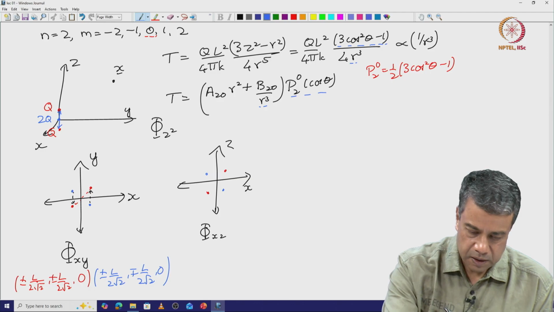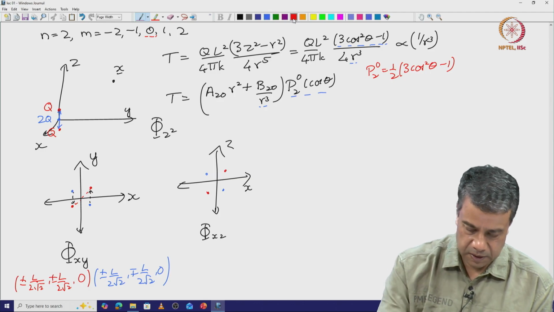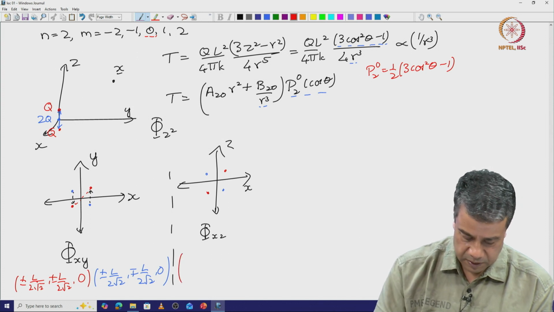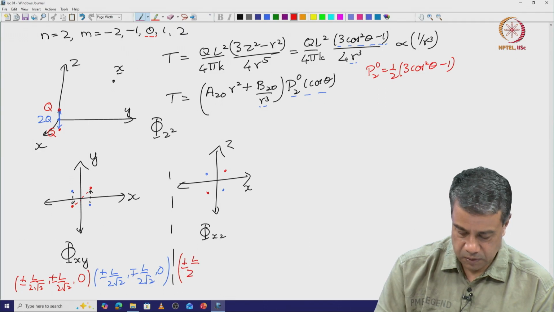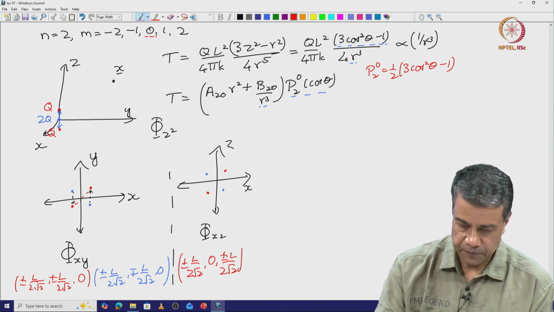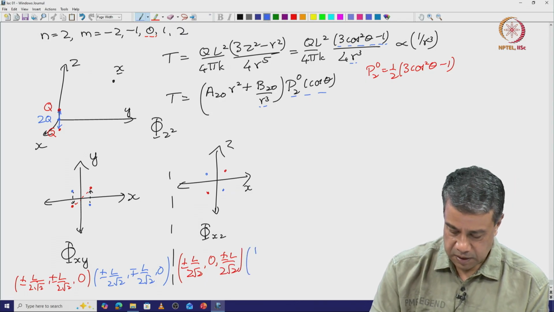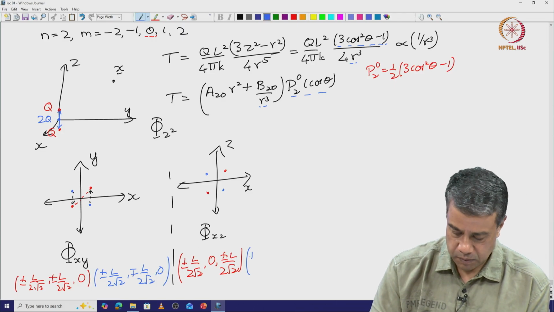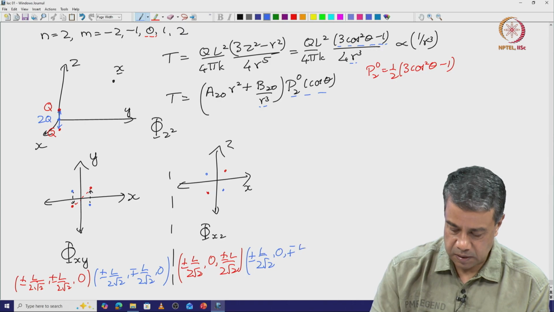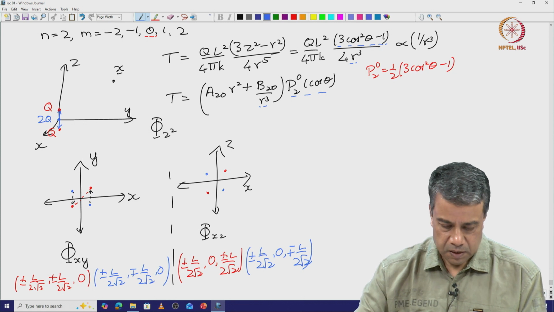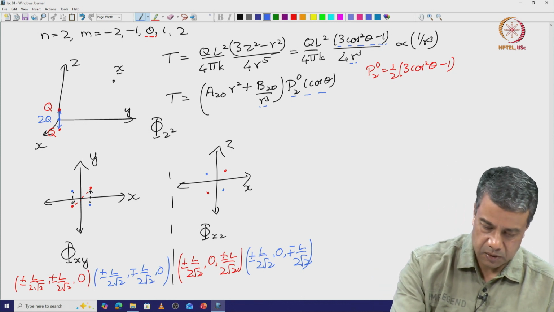And this one, the source will be at plus or minus L by 2 root 2, 0, plus or minus L by 2 root 2, and the sink will be at plus or minus L by 2 root 2, 0, minus or plus L by 2 root 2. So that is the number 2 and number 3.